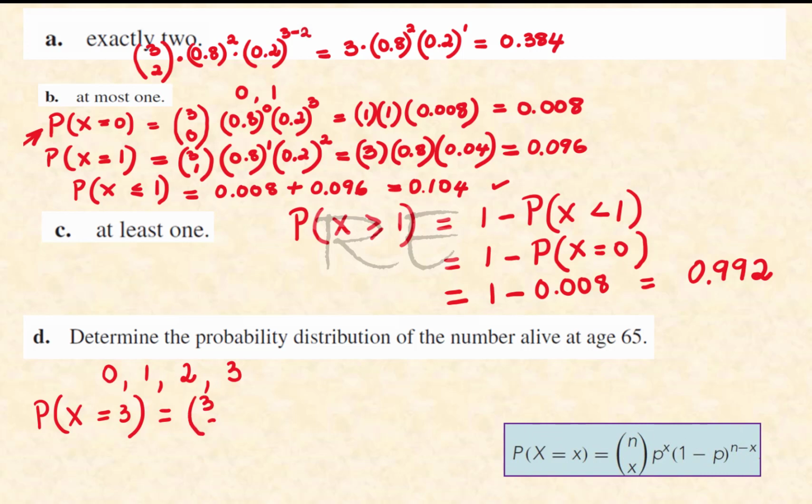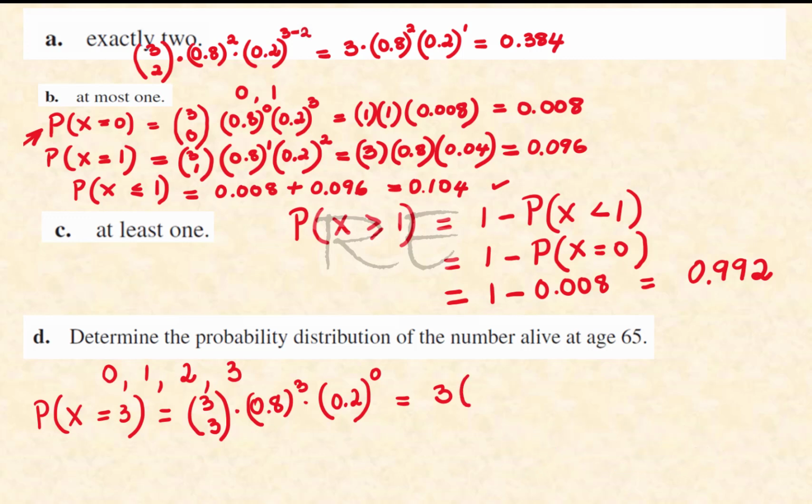We just need to calculate P of X equal to 3, since we've already calculated 0, 1, and 2. 3 choose 3, times 0.8 to the third power, times 0.2 to the 3 minus 3, which is 0. 3 choose 3 is equal to 1, multiplied by 0.8 to the third.